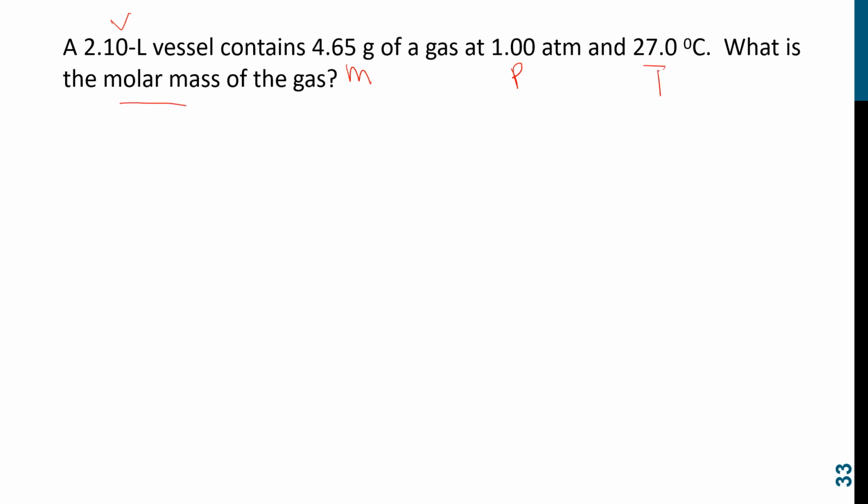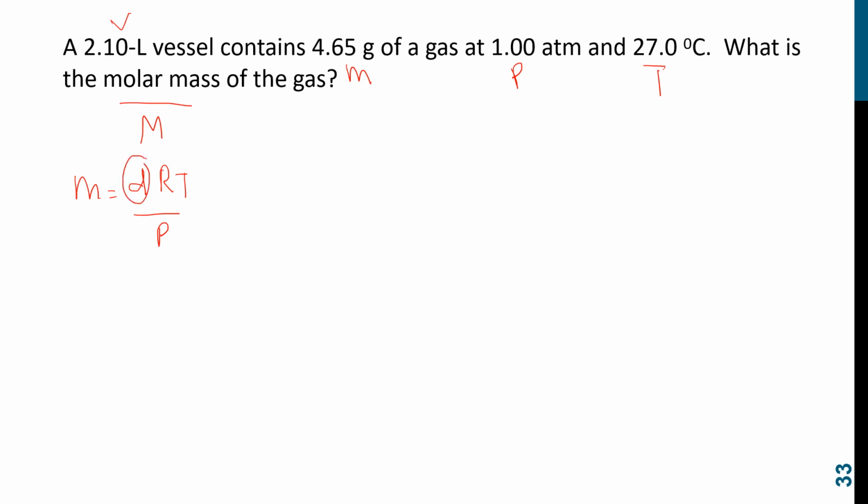So you have to calculate the molar mass. What you need to do is come up with the formula. Our formula is molar mass equals density times RT over P. P we have, R we have, and T we also have.